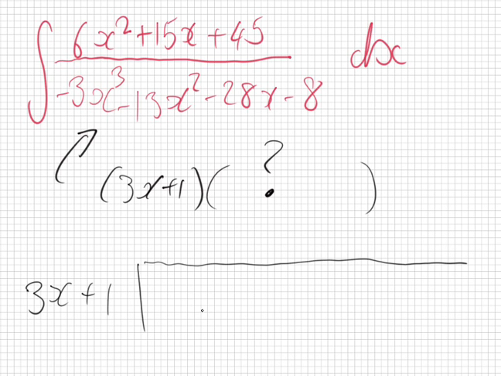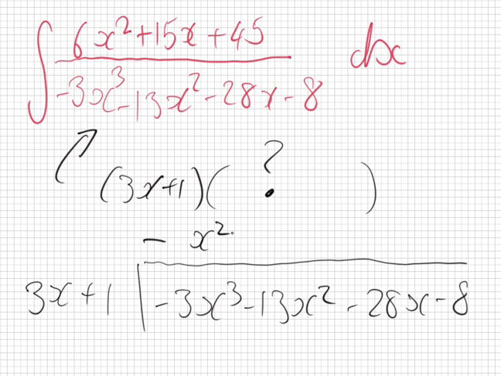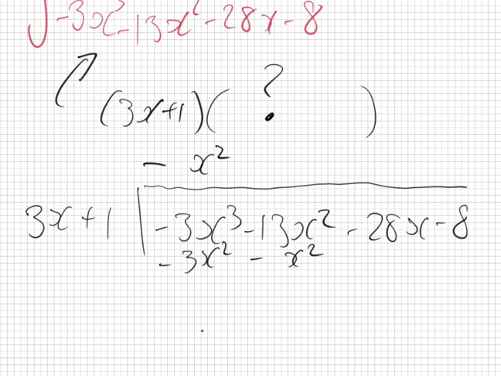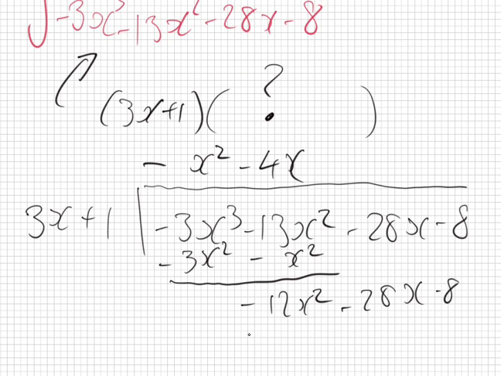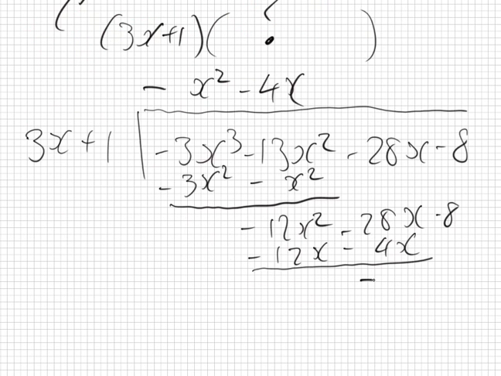Divided into minus 3x cubed minus 13x squared minus 28x minus 8. So here I have minus x squared. So that would be minus 3x cubed minus x squared. When I subtract, I'd be left with minus 12x squared minus 28x minus 8. Here I have minus 4x, minus 12x squared minus 4x, all over minus 24x minus 8.